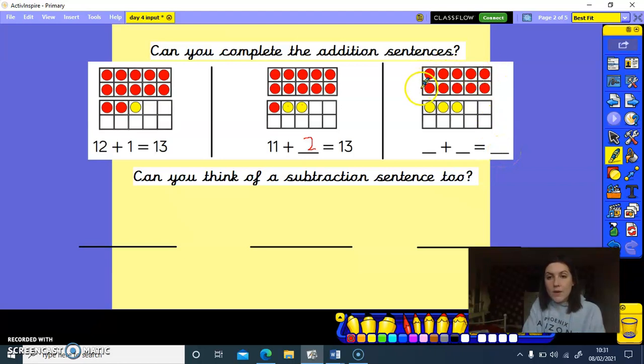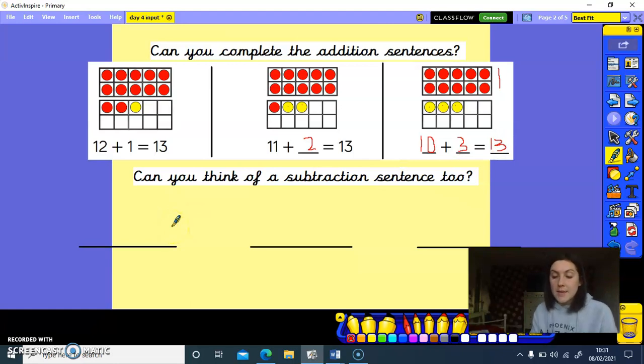I can see already I have how many in my tens frame? 10, fantastic, because it is full. How many yellows do I have? 1, 2, 3. And that makes 10 in my head here, because I've got 10 in my head, counting on 10, 11, 12, 13. Brilliant. So those would be the correct addition ones.